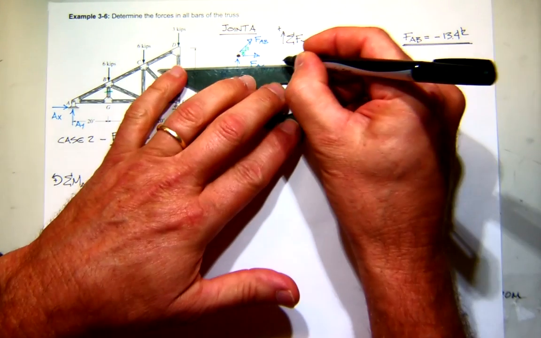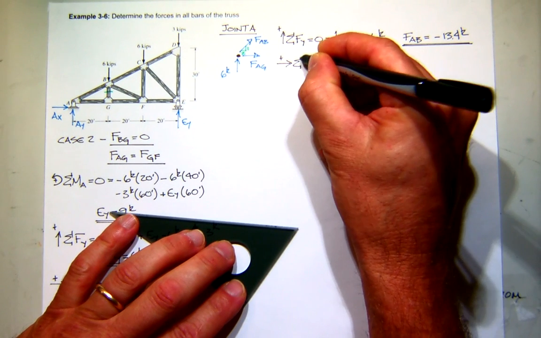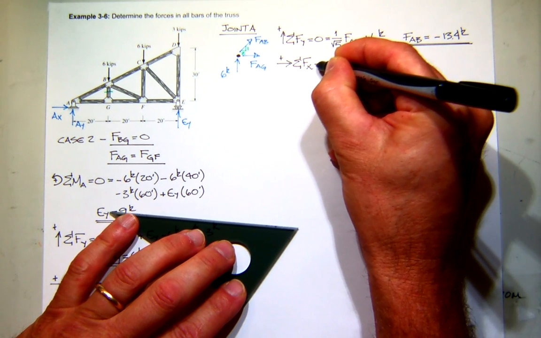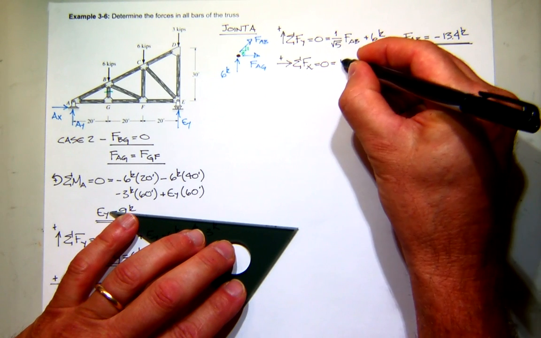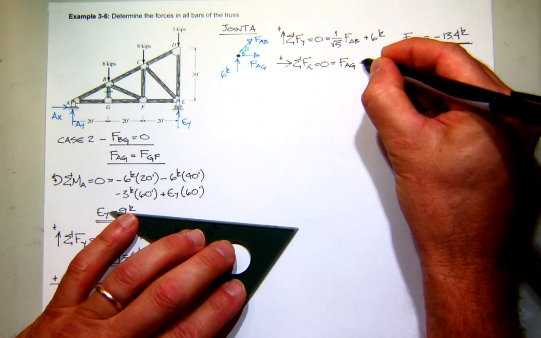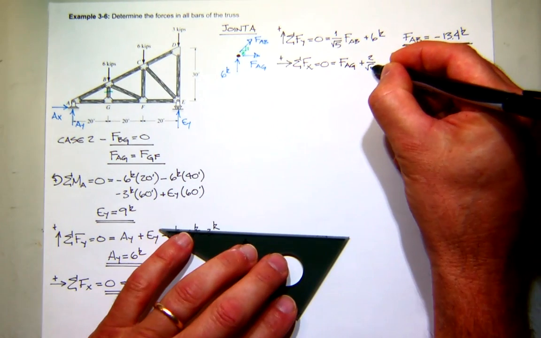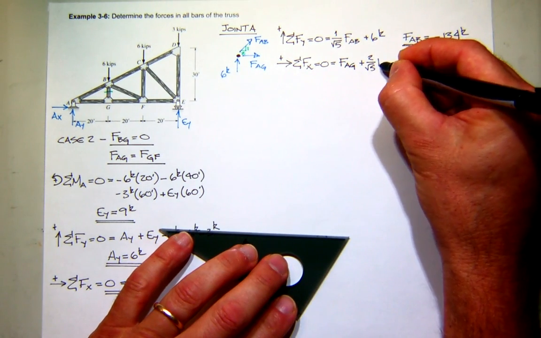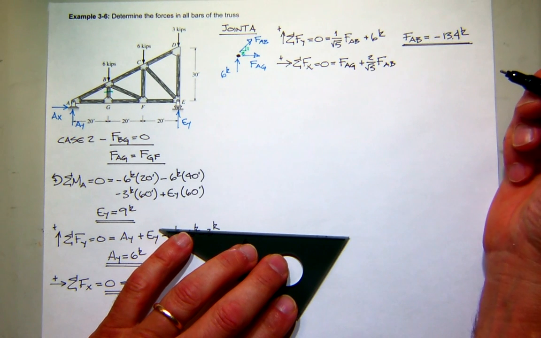So now that I have that, I can sum forces in the x direction. I'll assume to the right is positive. So I have the force in AG plus 2 over the square root of 5 of the force in AB. And that's it.